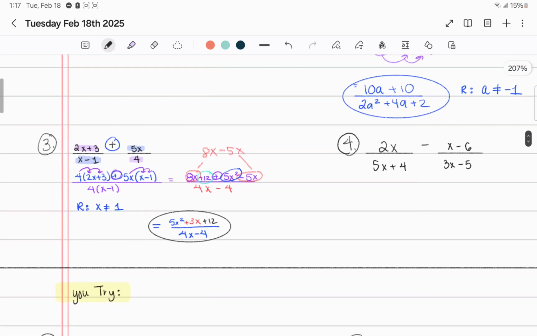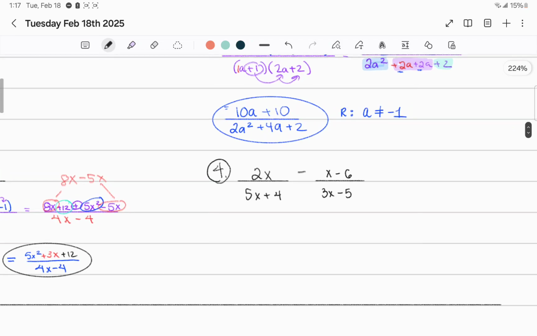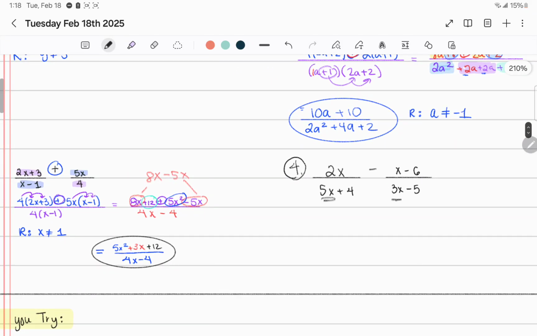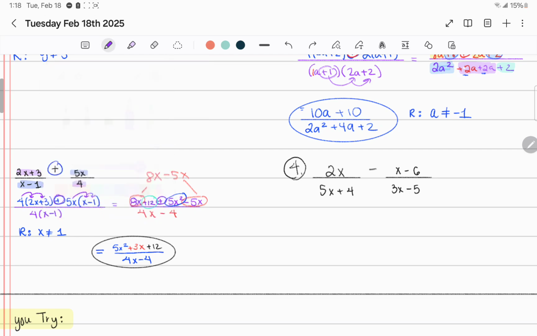Okay, and then the last one. This one is a little bit more messy just because it has a couple x pieces here at the top as well. But again, just write everything out step by step. All right, last one.